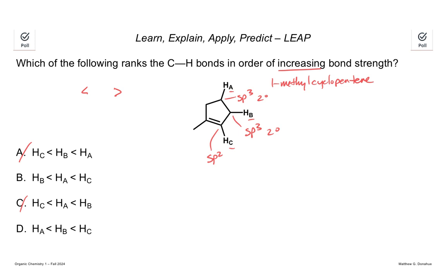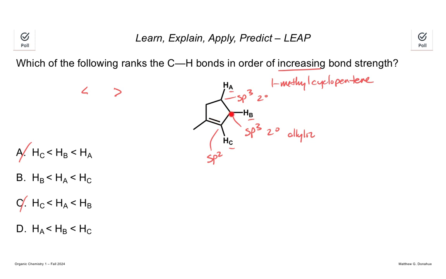So B can be further differentiated because it's allylic. So there's a double bond. An sp3 hybridized carbon bonded to that double bond is the allylic position. So that one's allylic, which means when that forms a radical, it can be resonance stabilized.